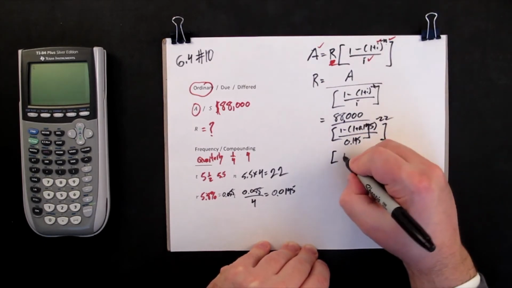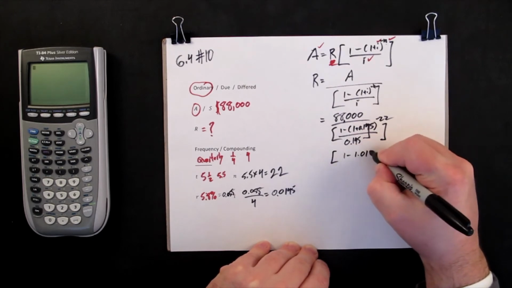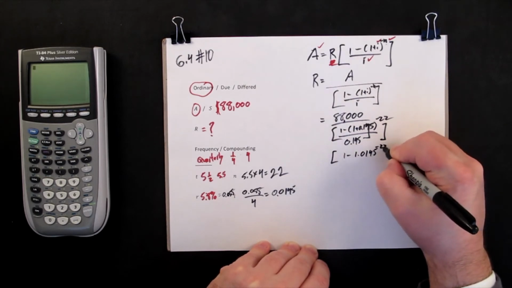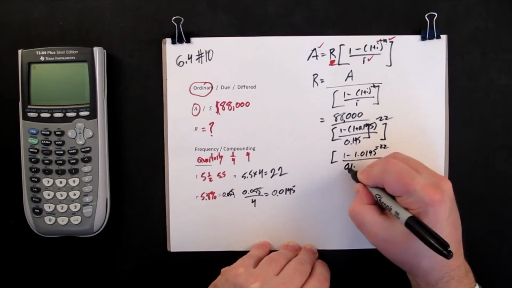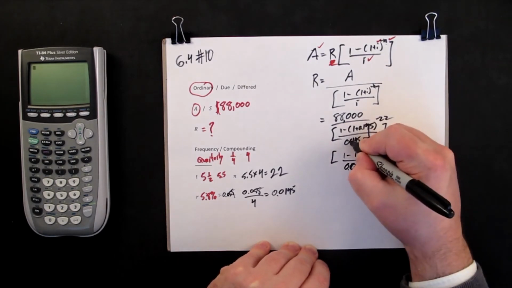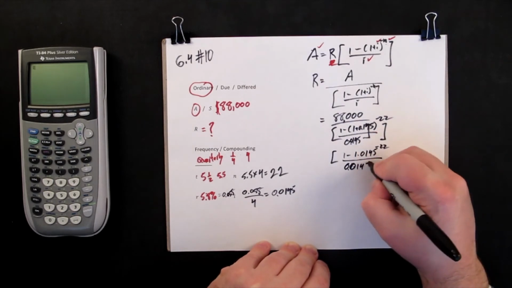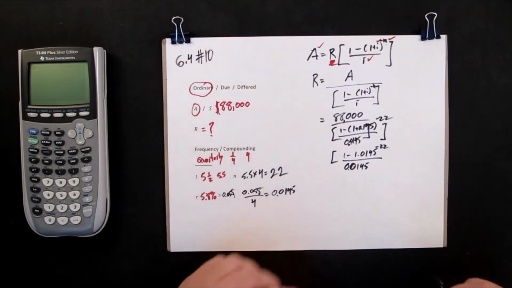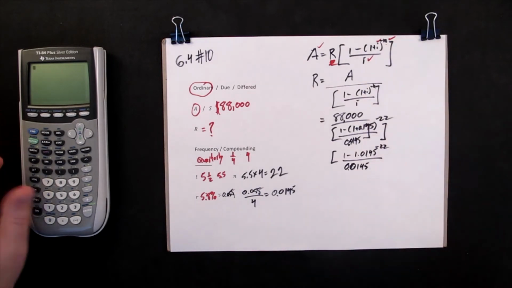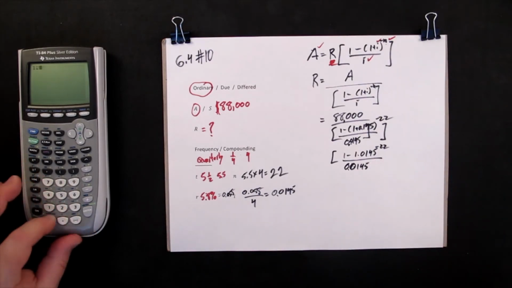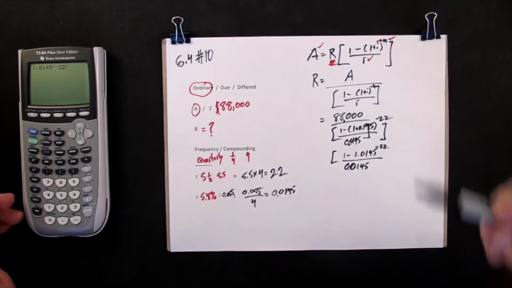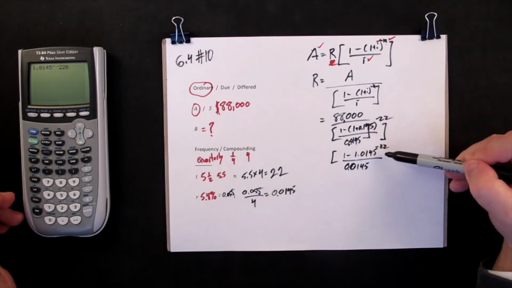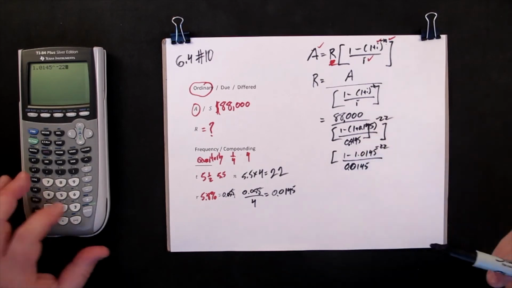So that's going to be 1 minus 1.0145 to the negative 22, divided by the period interest, 0.0145. Again, because this is a negative power, this number here is going to get smaller.